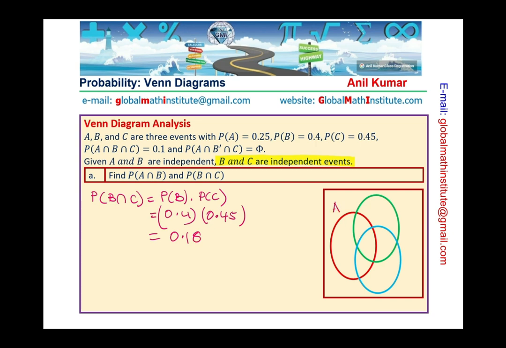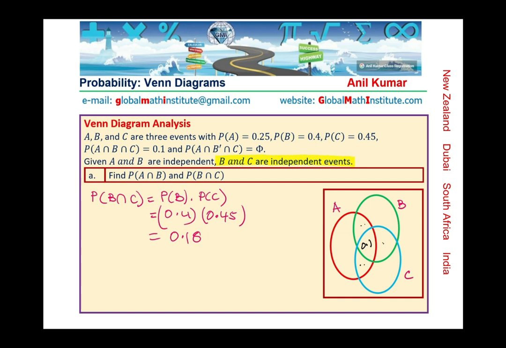So we're talking about A, B, and C, and the intersection. So let me fill this up. This point is given to us as 0.1. Now, here there's nothing we know, and here also there's nothing. Now, the probability of B and C intersection is 0.18.